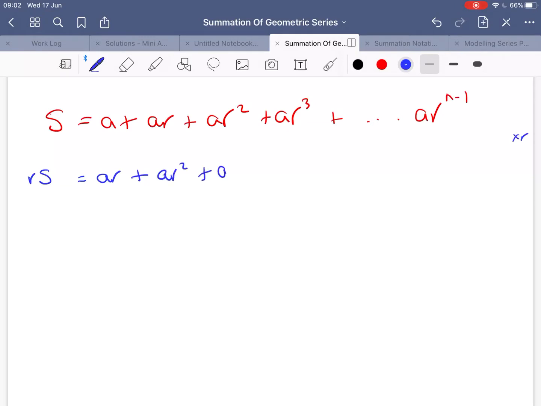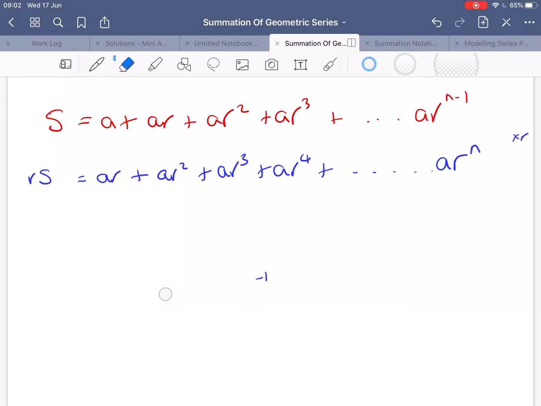Multiply the third term, it's going to be AR cubed, AR to the power 4, all the way up to AR to the power N. Because if I do R to the N minus 1 times R to the 1, what do I do with those powers? I add the powers, so I get R to the power of N.